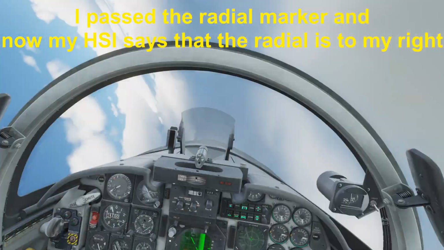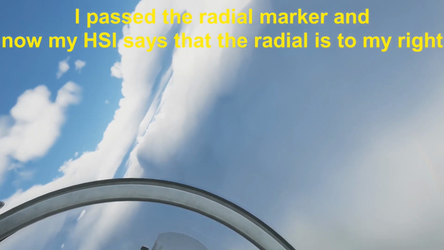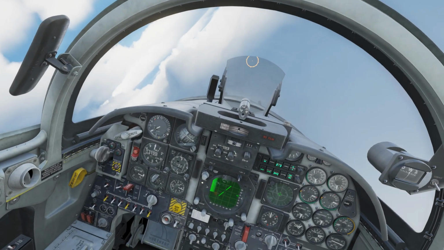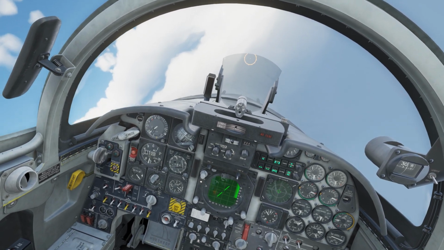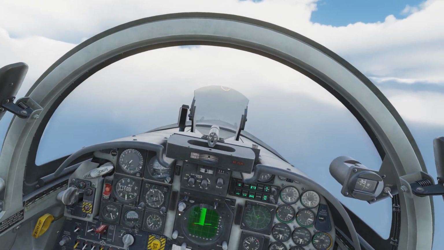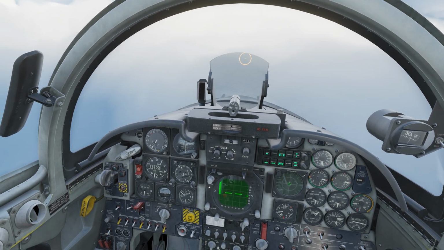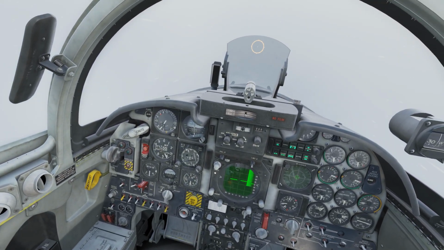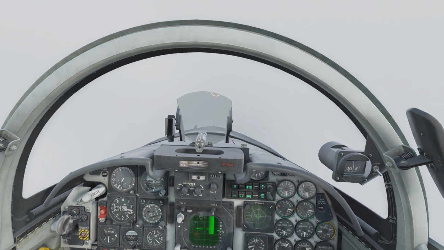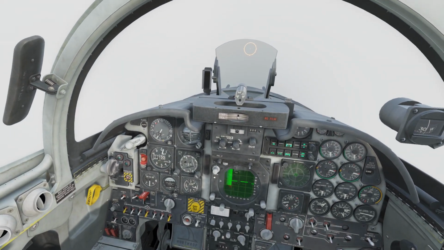Okay, well let's do that while we're still above the clouds. So we need to be north of that until we bring that line on. See how it shifted all the way to the right? It means that we are to the left of the radial line.